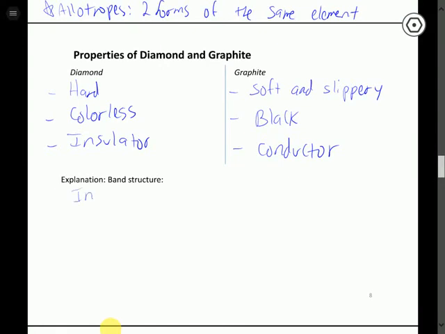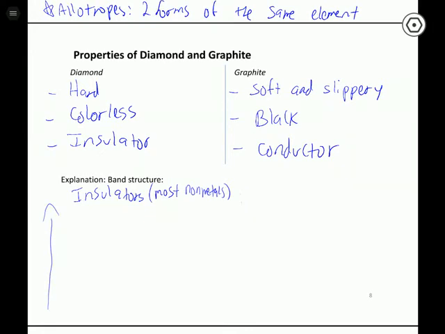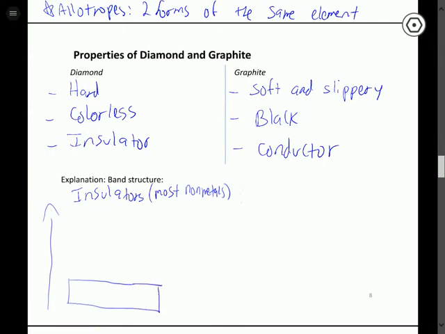So let's start with insulators, which most nonmetal network solids are, although graphite is an exception. So most nonmetals are insulators. Okay, so if we draw an energy level diagram, just like we did for molecular orbital theory, we're going to draw orbitals from lowest to highest energy. We can draw a very simple picture, which is that down here at low energy, we have the bonding molecular orbitals which are filled.